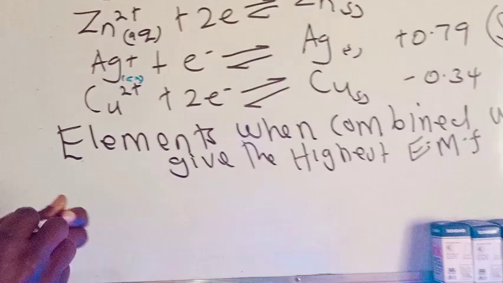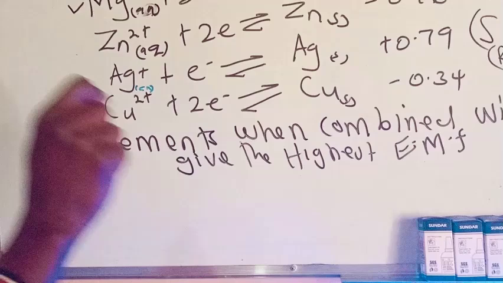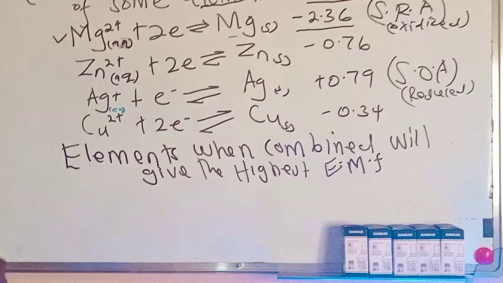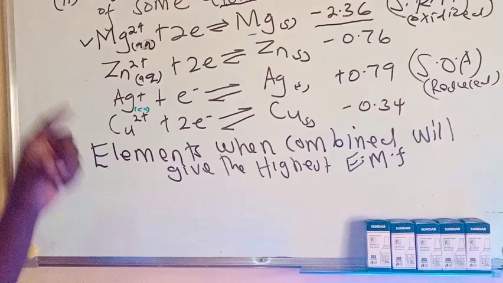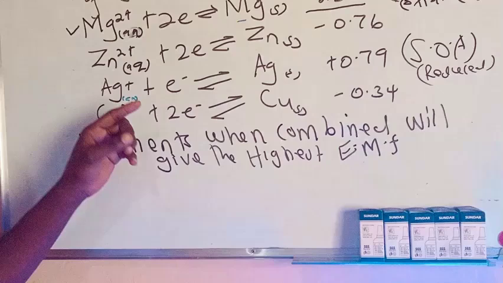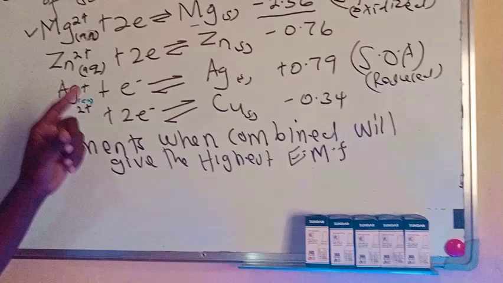So among these four elements given, which one will give the highest electromotive force when combined? We said in our last session that the species that normally gives the highest EMF when combined are the strongest reducing agent and the strongest oxidizing agent. Those two when combined will give you the highest EMF.